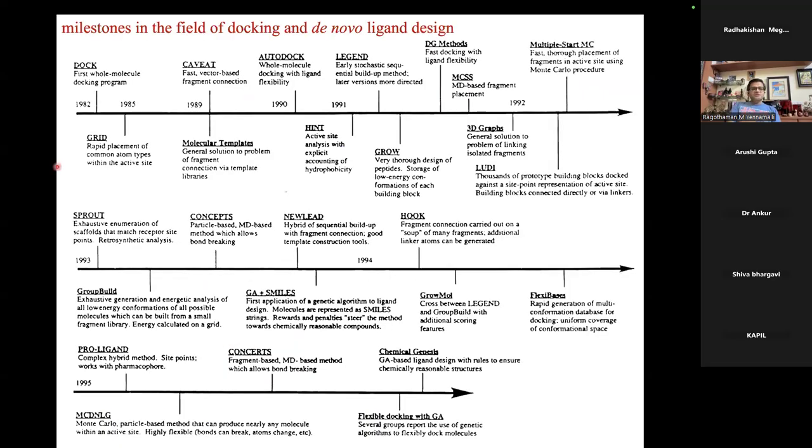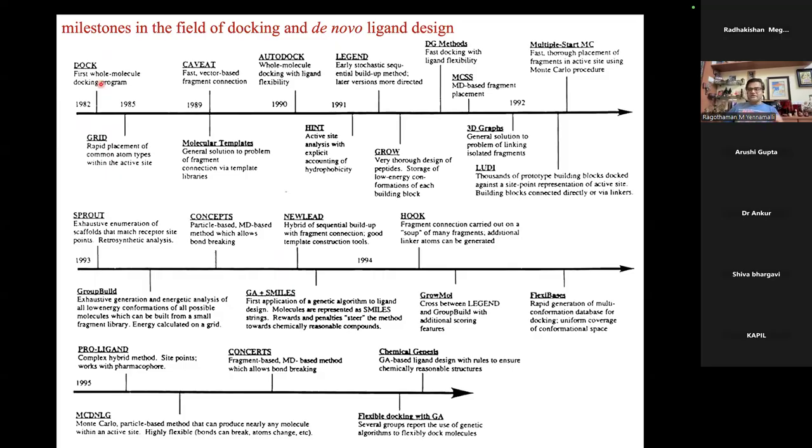So this entire field of tools for molecular docking and virtual screening started somewhere in the 80s. DOCK, from the University of California, San Francisco, Irwin Kuntz, his group is still active. They came up with the program DOCK, where they did rigid body docking. That was all the computational resource that was available.